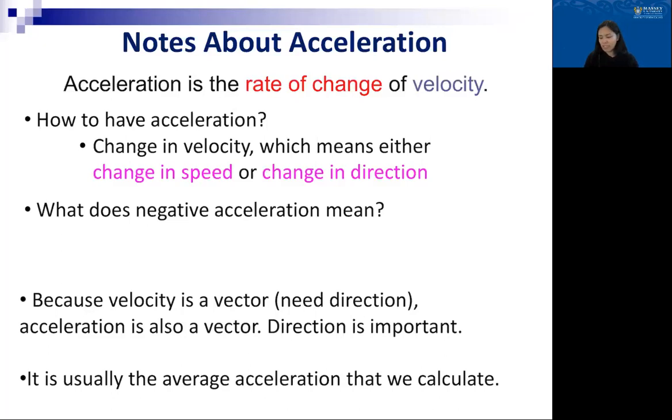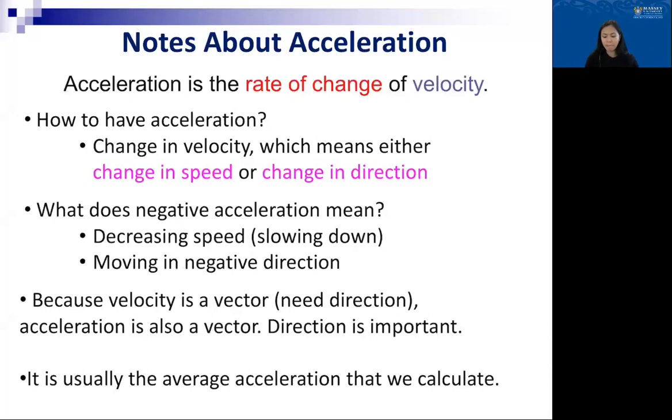Is there another instance when you can have negative acceleration aside from slowing down? Yeah, exactly. That's right, Nikita. If you're going backwards or you're moving in the negative direction, then you also have negative acceleration, because acceleration is a vector quantity.